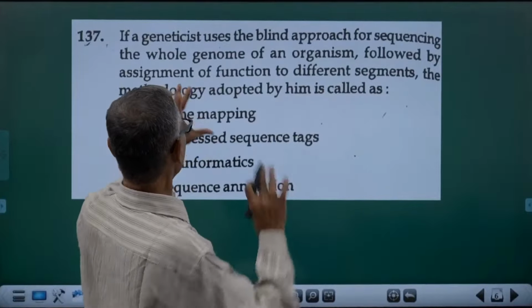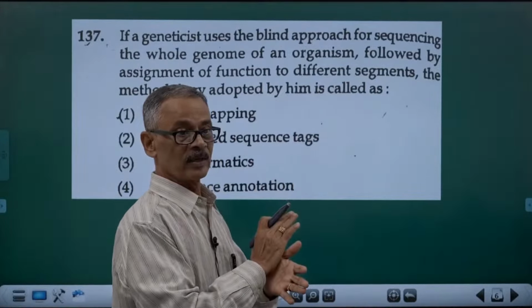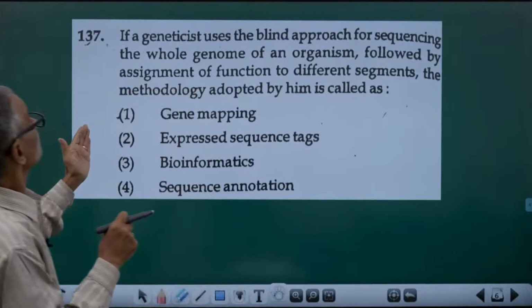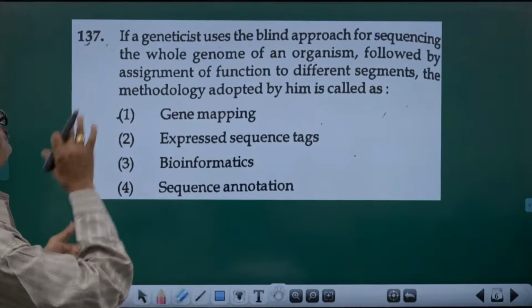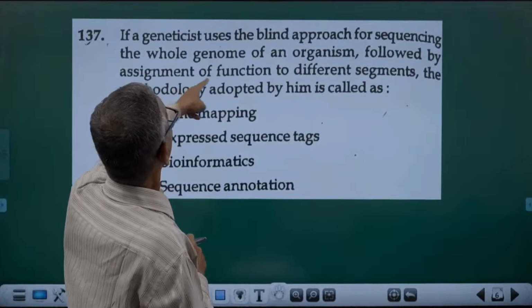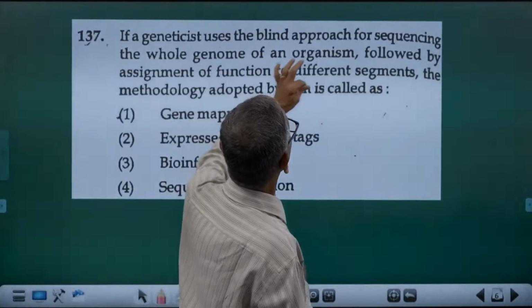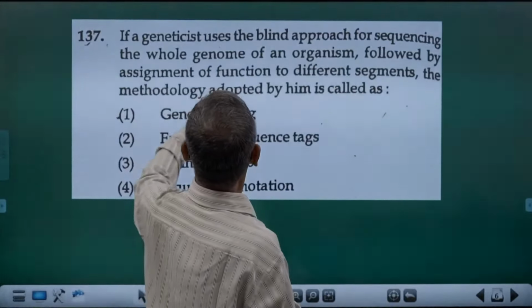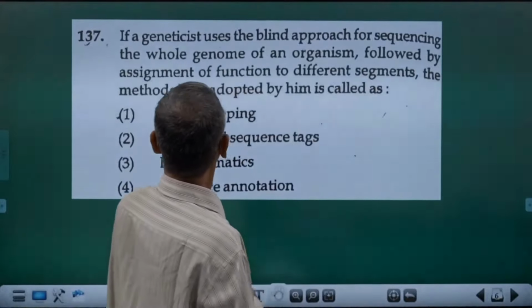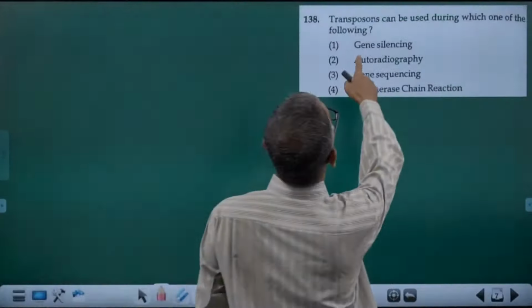That is followed by assignment of function to different segments. The methodology adopted by him is called sequence annotation.